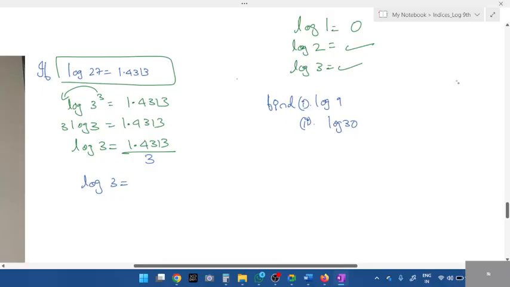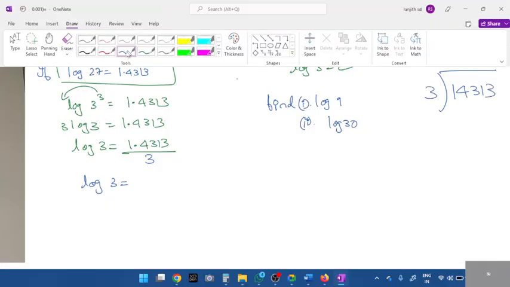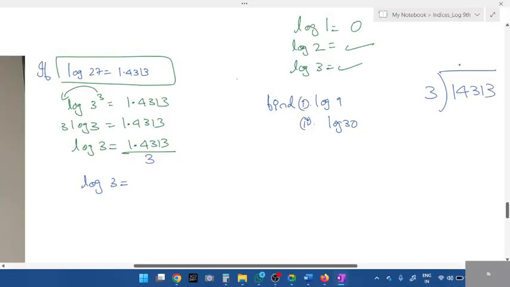Divided, what do you get, students? Remove the decimal: 14313. First divide this. I want all of you to solve and tell me the answer.